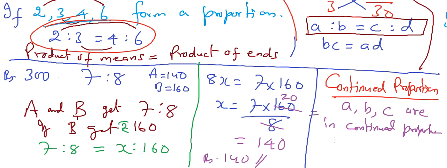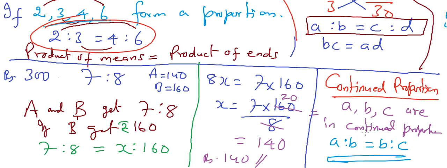Then we can say A is to B equal to B is to C. What that means is these four terms form a proportion, which means the rules of proportion are applicable here.